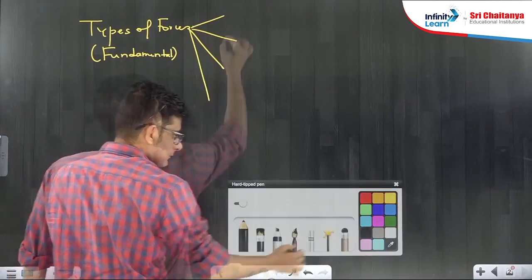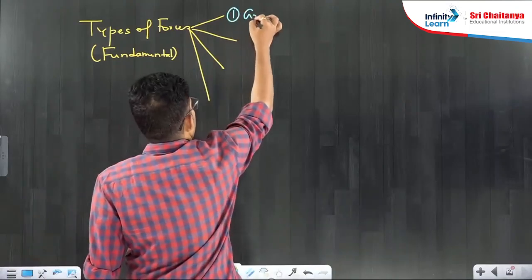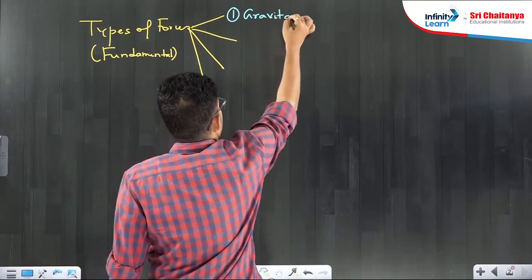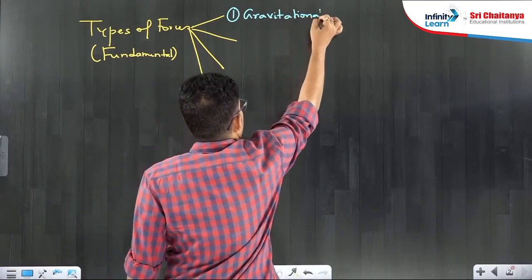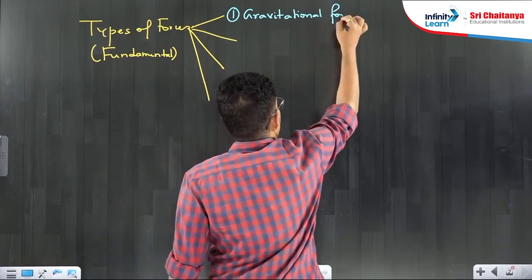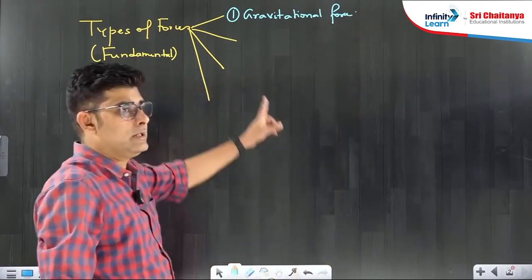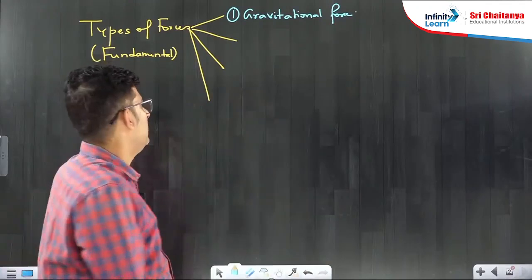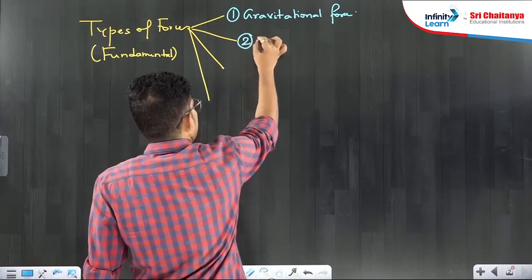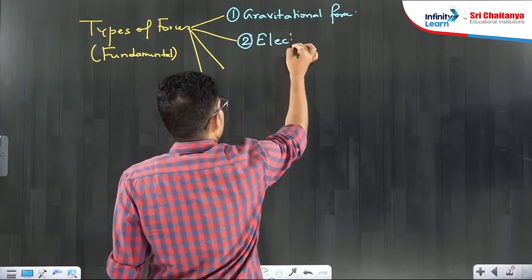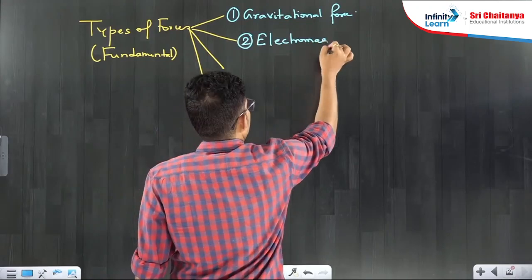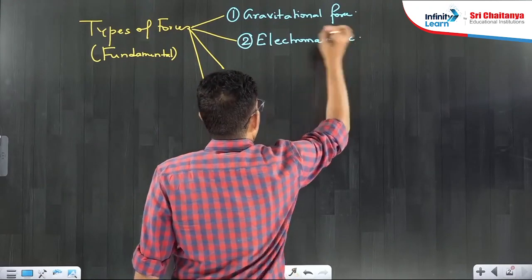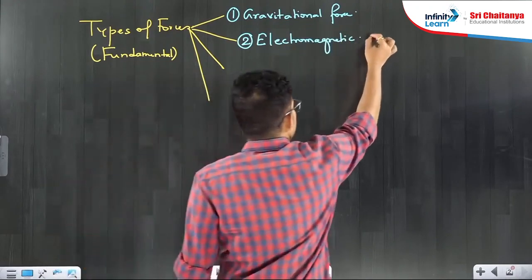Number one is what we call gravitational force. Second one is what we call electromagnetic force.